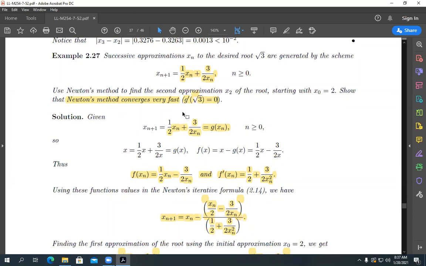So we need g dash. What is your Newton method? In the case of the Newton method, what is your g, please? Any student give me? This is the Newton formula. What is your g for the Newton formula?